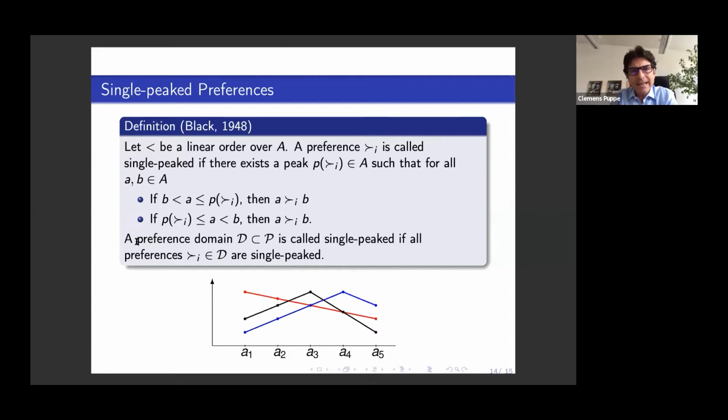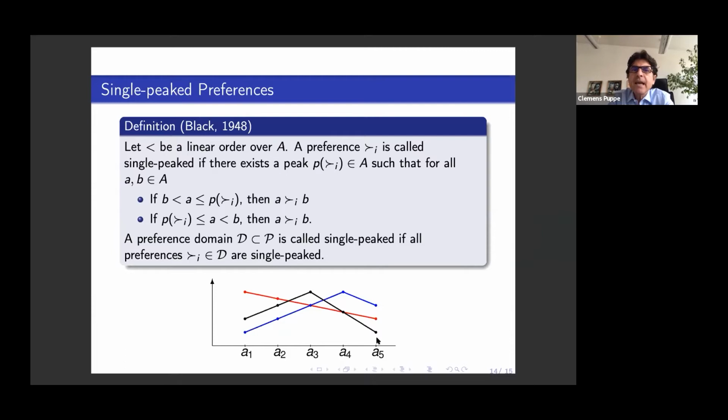And again, let me remind you, this single-peaked case was discovered by Black and Arrow around the same time. I think Black was first. Suppose that there is a linear order over the alternatives. So I can number them, A1, A2, A3, and so on.